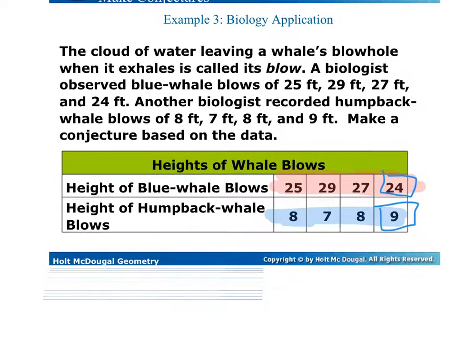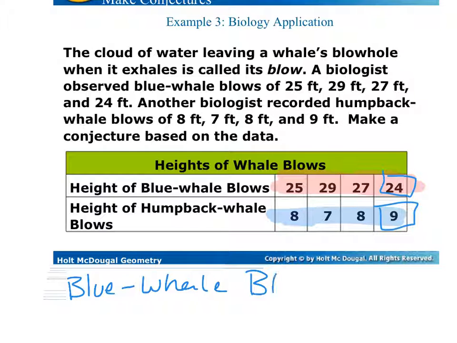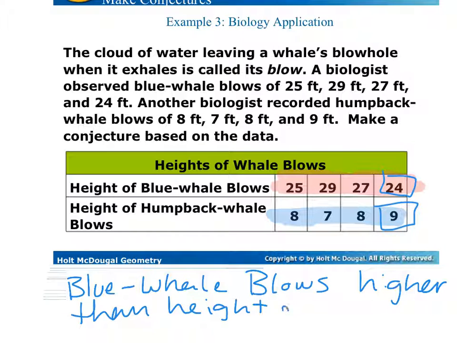So what can we make a conjecture? What would our conjecture be based on this data? Blue whale blows are higher than the height of humpback whale's blows.